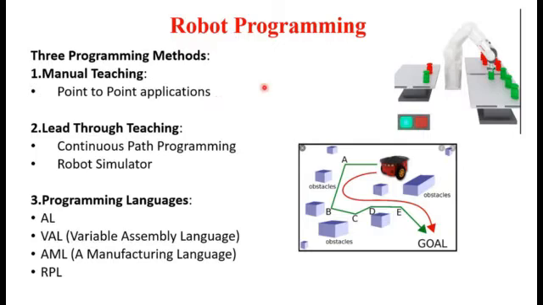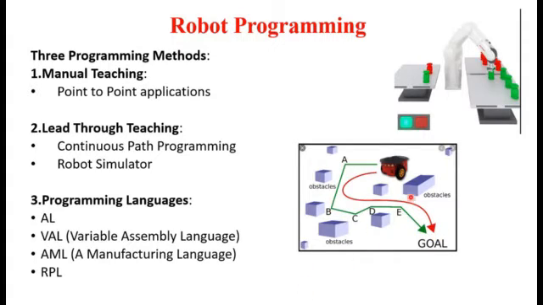The set of instructions is very simple in point to point applications. The second one is lead through teaching. In this method, continuous path programming or a robot simulator must be there. Here the robot should follow a path, going from point A to B, C to D, then D to E, and E to the final goal.